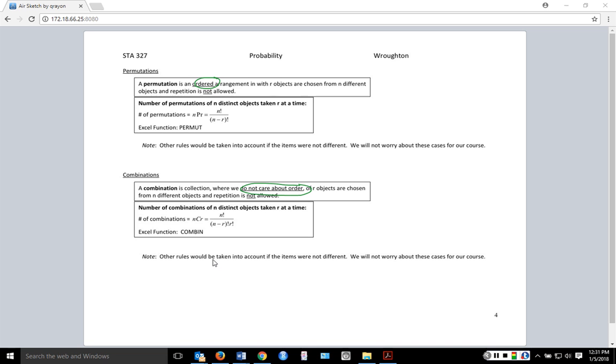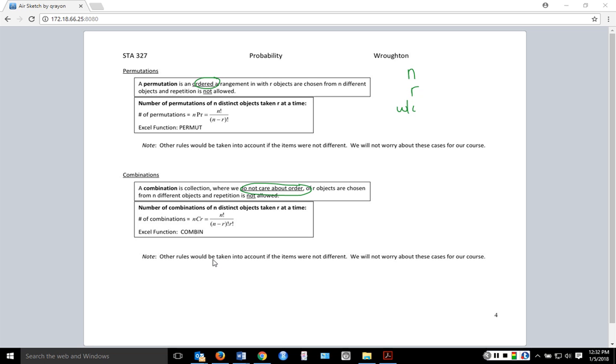Both of them start with a total of n objects that are different from each other. And we're going to select r of them. And it says where repetition is not allowed. So basically, once I select one thing, I can't select it again. So those are important things. So what's true about both of them is we have n distinct objects. We're going to choose r of them.